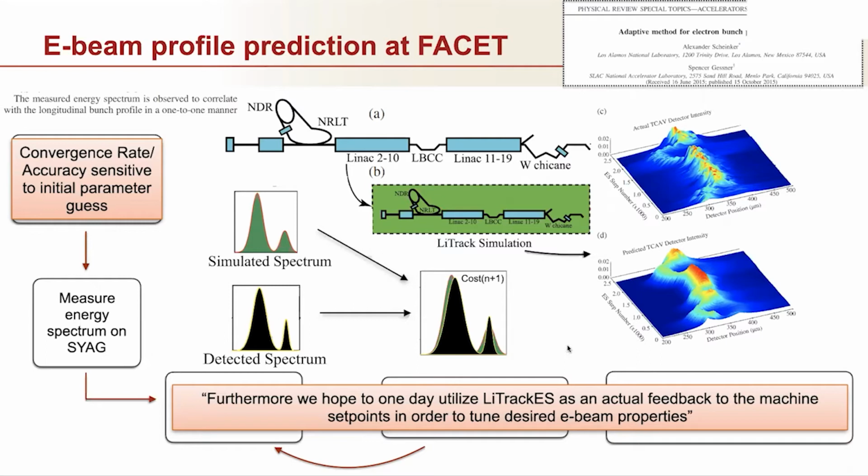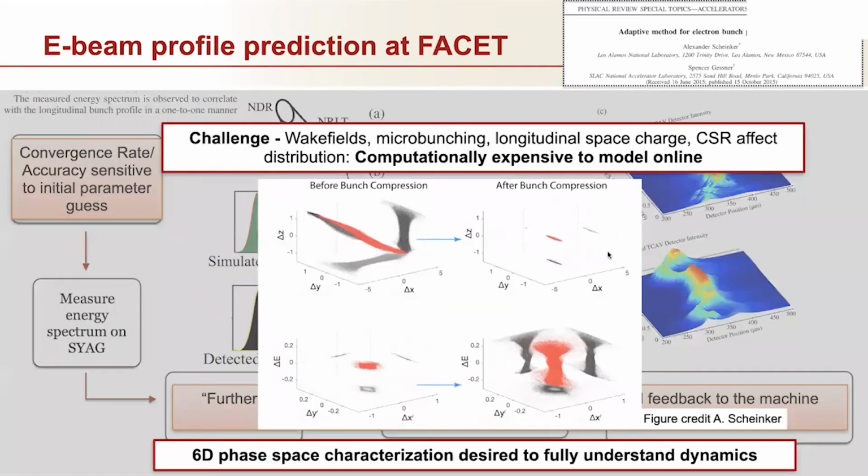And as I said, the challenge moving forward from FACET-I to, say, FACET-II is that usually there are collective effects at play, which, for example, for FACET-II include wakefields, microbunching, longitudinal space charge, and CSR effects. And these you can't model with LiTrack, a simple code, completely. And so for LINACs or accelerators where the collective effects dominate the dynamics, you really would like a 6D phase space characterization.